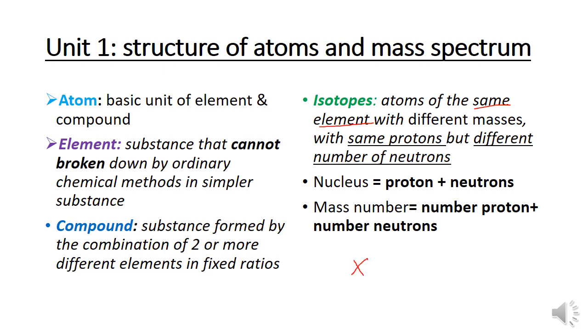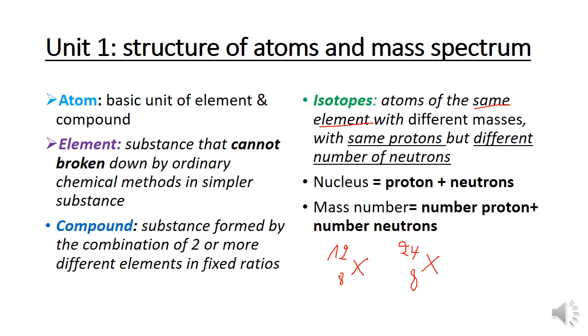Let us assume that it is 12 and 8. Also, this is X again, with 24 and 8. We call this an element, and this also an element. According to this, those elements are isotopes.